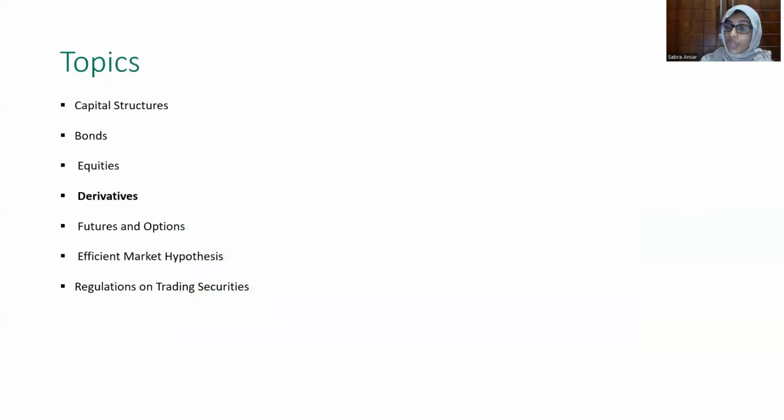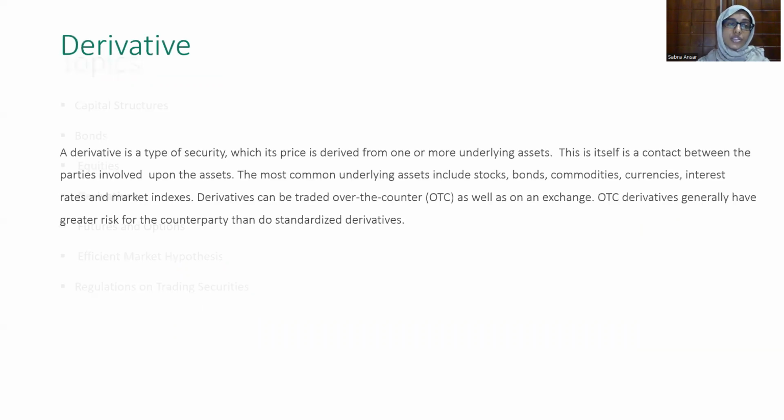So now moving on, we are going towards another section, which is derivatives. We've talked a little about it so many times. As you know, a derivative is a type of security in which the price is derived from one or more underlying assets.